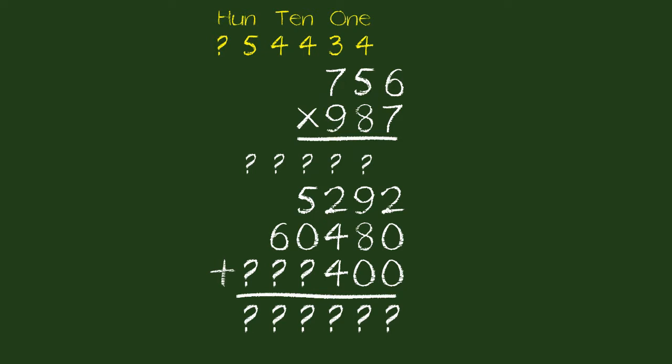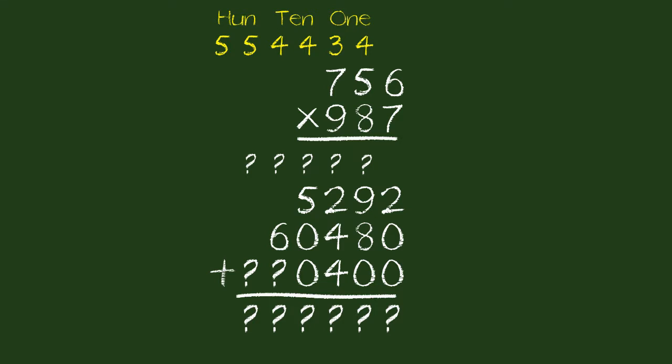5 times 9 equals 45, but we need to add the 5 in the carry location here to the 45. 45 plus 5 equals 50. We put the 0 of the 50 in the thousands answer location and the 5 of the 50 in the carry location here.